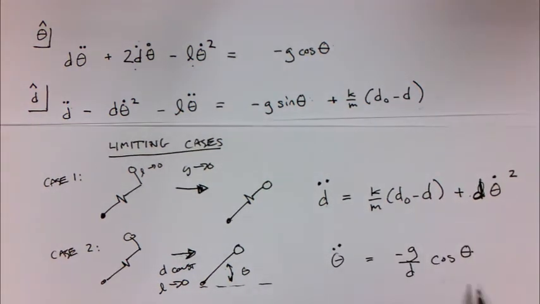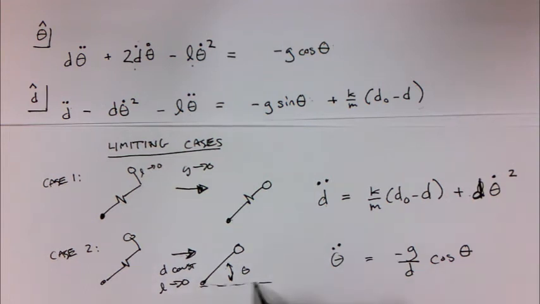And let's think about whether that equation is one that makes sense. Well, when theta is 0, this is basically a pendulum that's horizontal, and if I were to let it go, theta would drop down and would become more negative, right? Well, when theta is 0, cosine of theta is positive 1, so the angular acceleration is minus g over d. That makes sense.